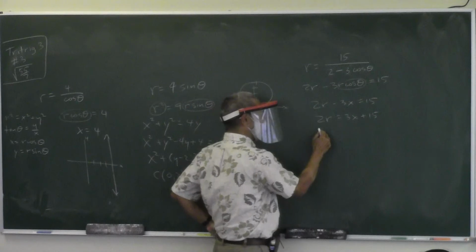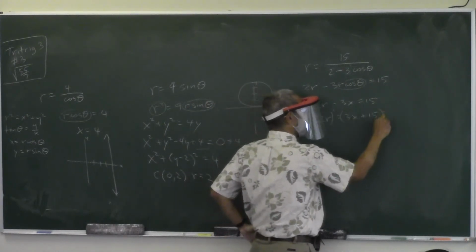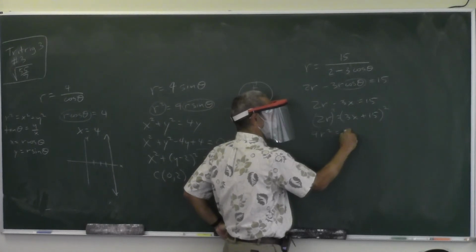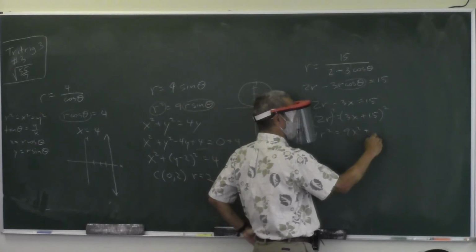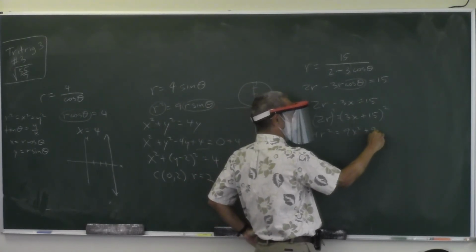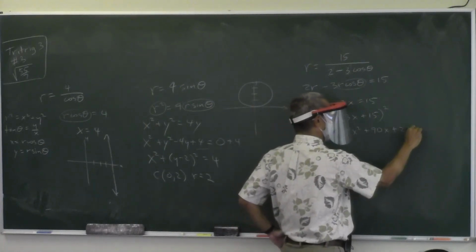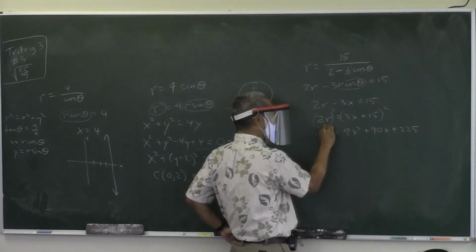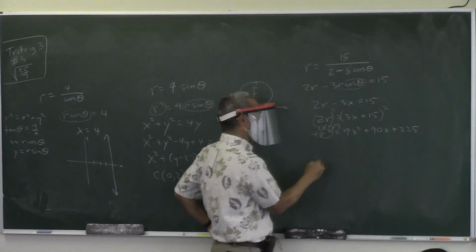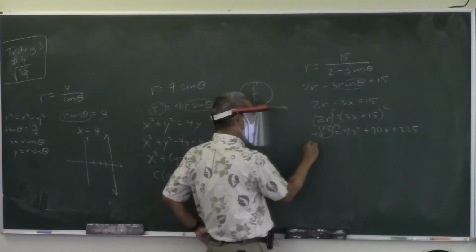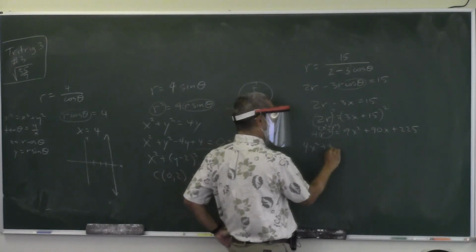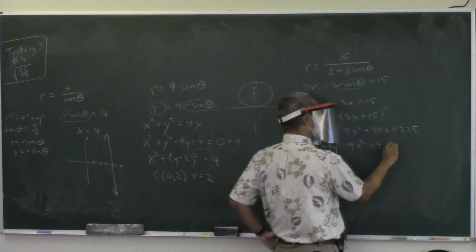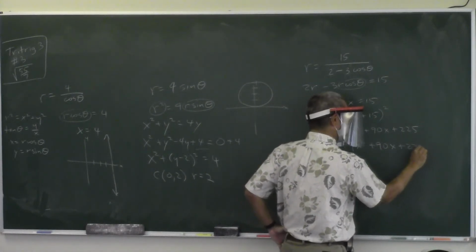So square both sides: 9r squared equals 4x squared plus 60x plus 225. And then what is r squared equal to? X squared plus y squared. So if you distribute the 9, 9x squared plus 9y squared equals 4x squared plus 60x plus 225.